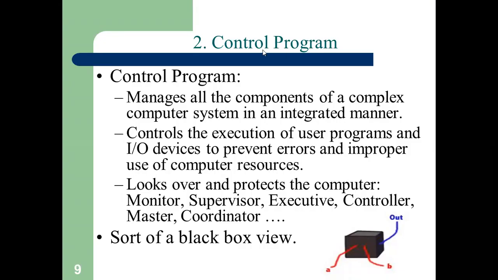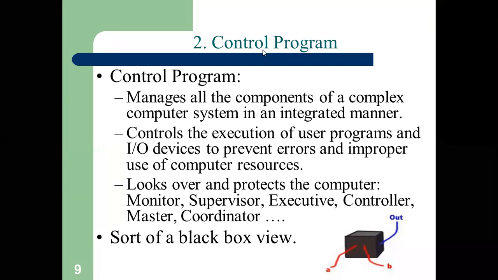Here you can see the control program, and what is its function? It manages all the components of a complex computer system in an integrated manner. There are various components controlled by the control program. It controls the execution of user programs whenever we write various types of programs. All of this is controlled by this system software, the control program.